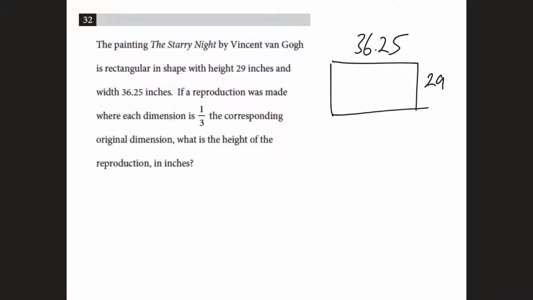We're scaling it down by a factor of 1/3. So it would just be 29 times 1/3, or 29 over 3. And 29 divided by 3 is approximately 9.67 inches.